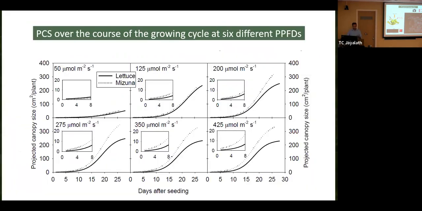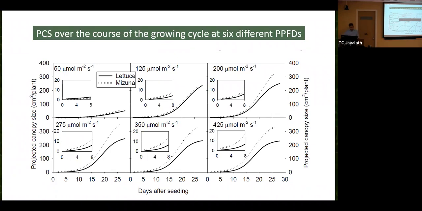The benefit is that we can see plant growth throughout the growing cycle without damaging the plant, just by taking these canopy images.